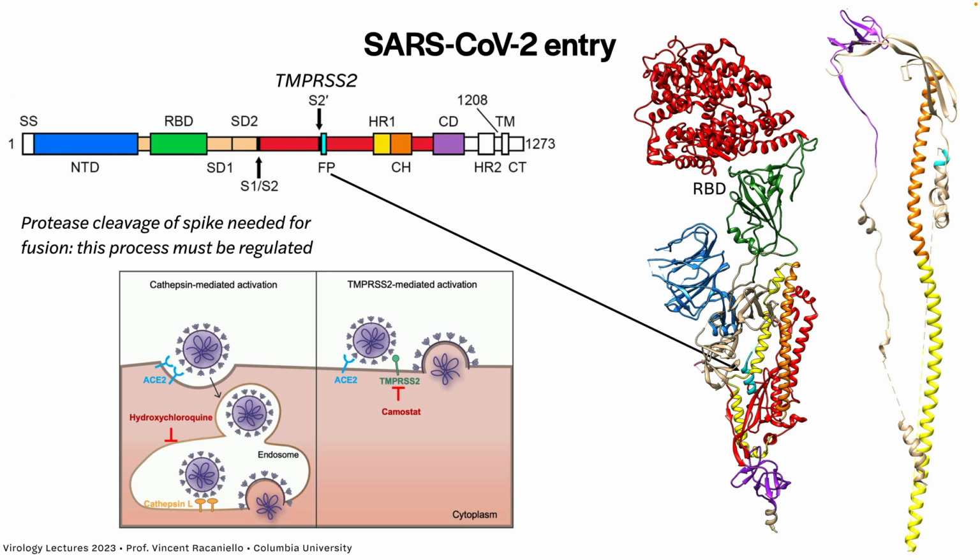This fusion is mediated just by cleavage of the spike protein of SARS-CoV-2. So it needs to be cleaved, and in fact, there are two cleavage sites, S1/S2 and S2', and you can see that S2' cleavage site will then allow the fusion peptide to be liberated and inserted into the membrane when the protein undergoes its conformational change.